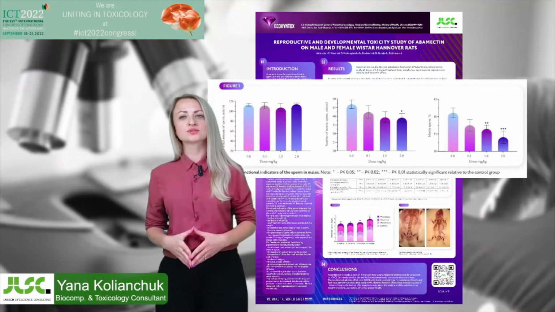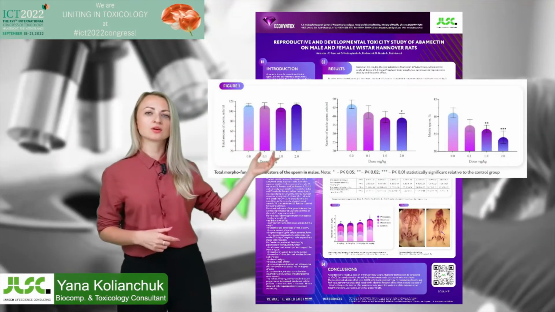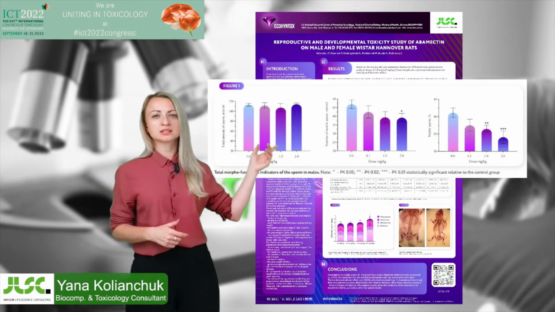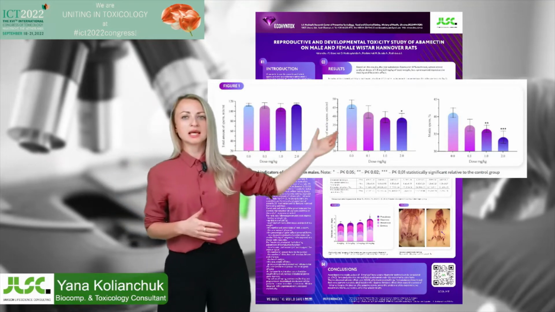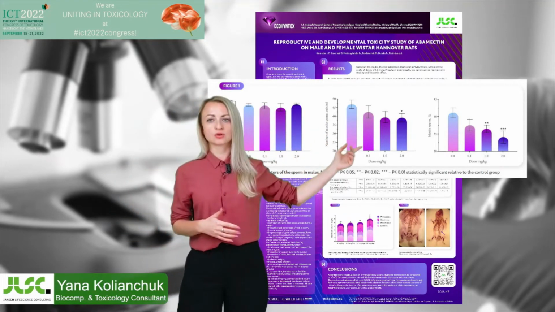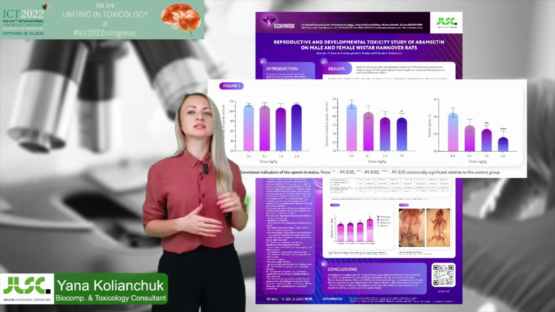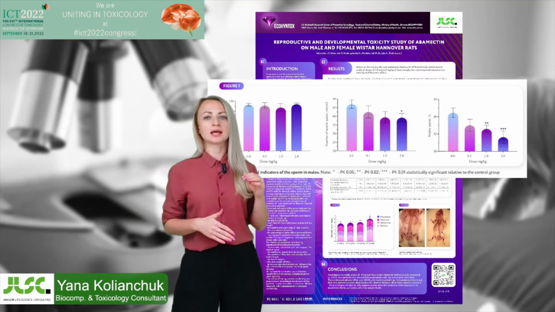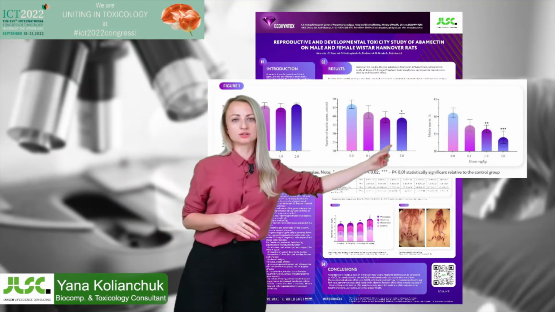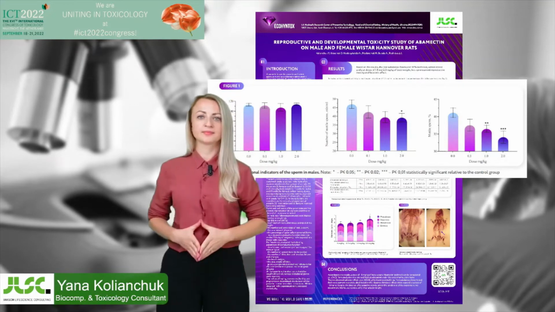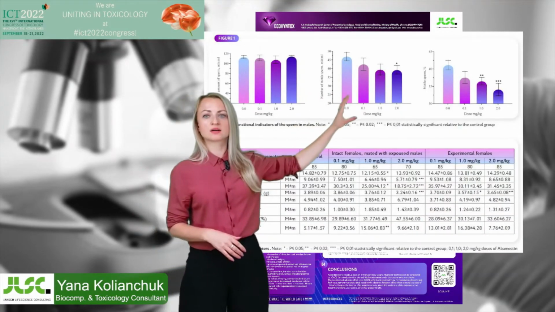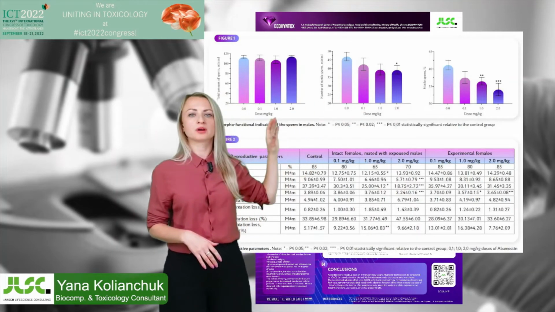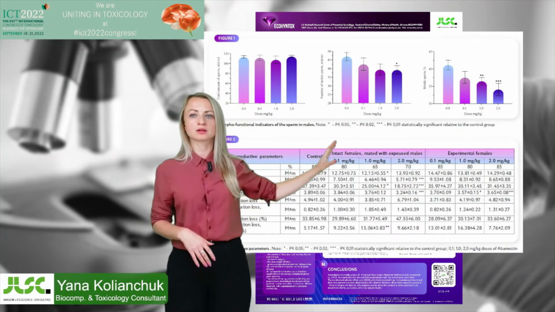So, according to the results, we can see in figure 1 that Abamectin impairs sperm quality in a dose-response manner. The motility and percentage of motile spermatozoa are significantly decreased at the middle and high doses. And these changes are correlated with the reproductive parameters of intact females mated with exposed males.